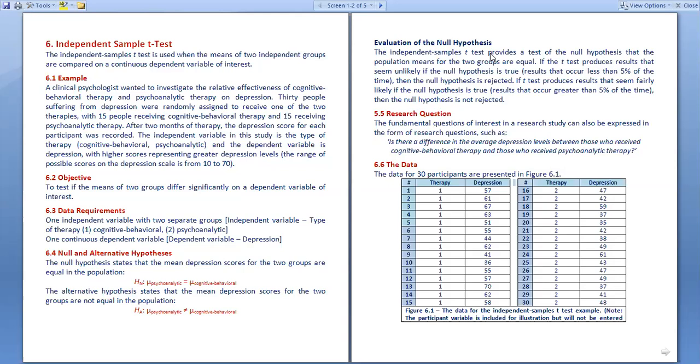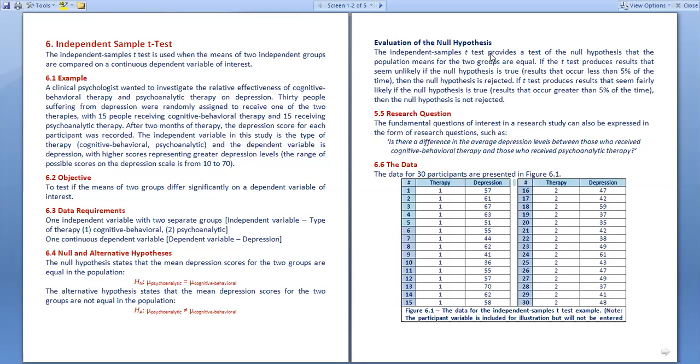Now we are trying to see how these two therapies, which were used to treat 15 people each, how the depression rate has gone down. And the depression rate we are using is in a scale form, where we have a depression scale from 10 to 70.